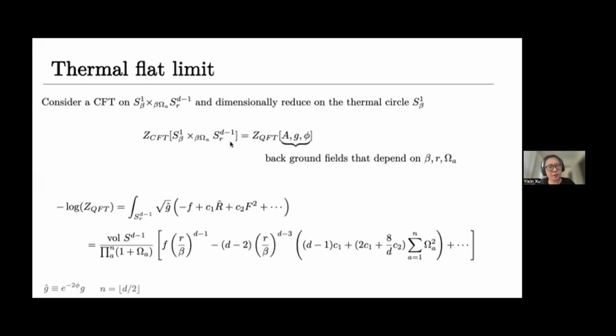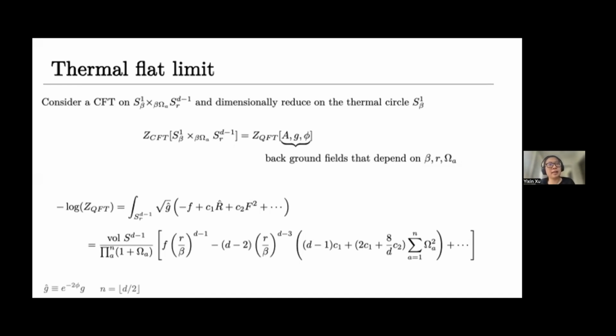Now, dimensionally reduce the d-dimensional CFT on the thermal circle. Typically, you will end up with some quantum field theory on a d-1 dimensional sphere, and we typically expect that quantum field theory to be a gapped quantum field theory. So for a gapped quantum field theory, you can write down a partition function using the background fields.